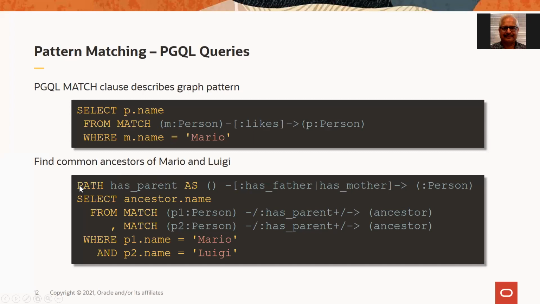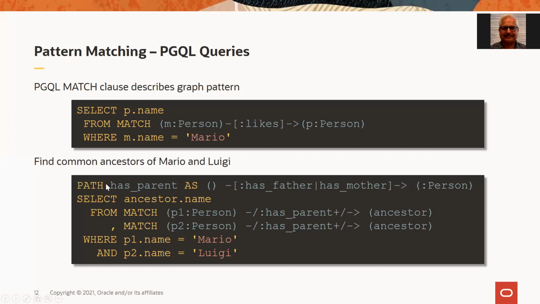Like in SQL, we have the possibility to specify a path. In this case, we're defining a path as has parent, as some vertex, any type, which is connected through either a has father or a has mother relationship, again, a directed relationship, to a vertex of type person. That would be the path.